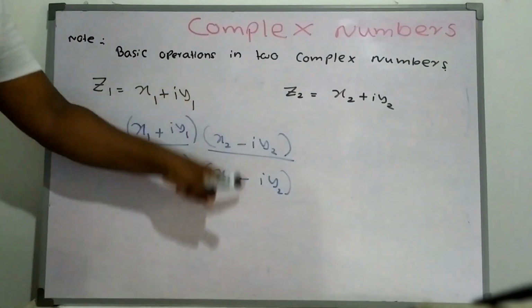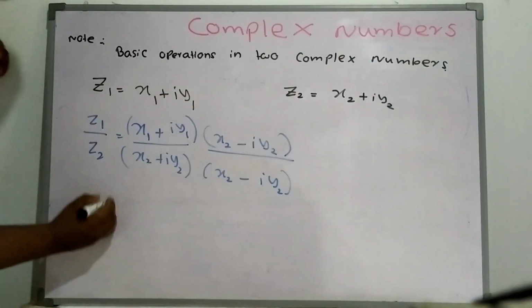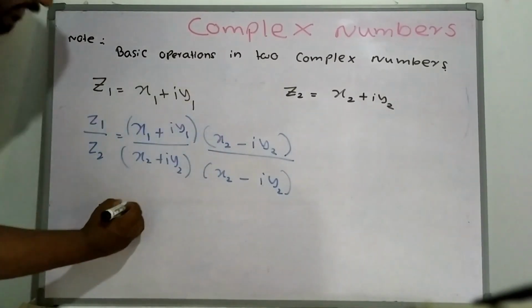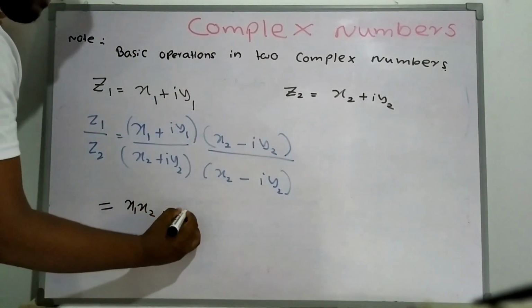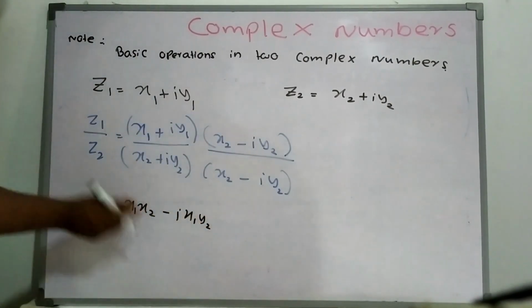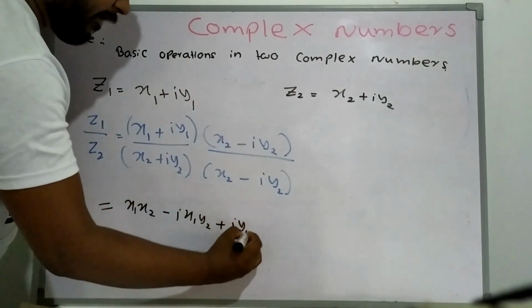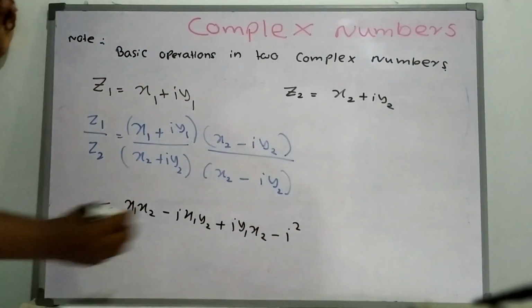I'm just multiplying by their own conjugate. So the numerator is x1 x2 minus i x1 y2 plus i y1 x2 minus i squared y1 y2.